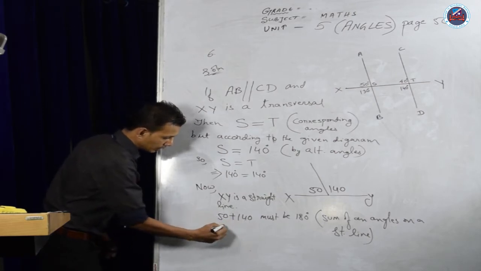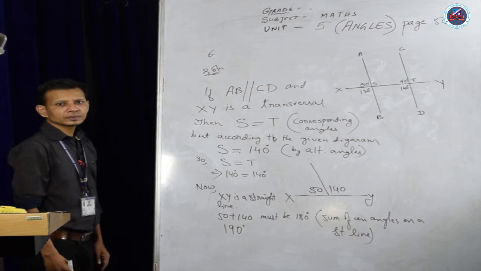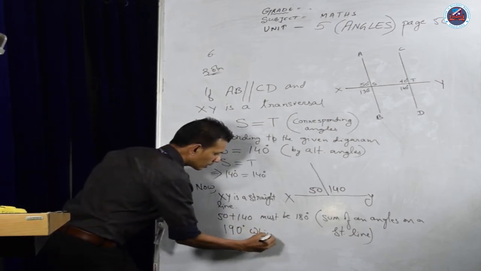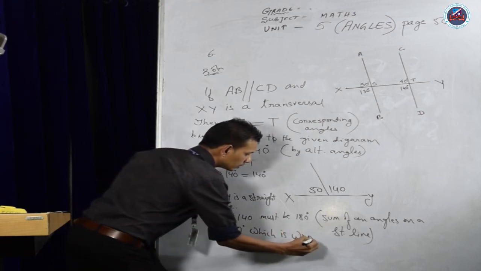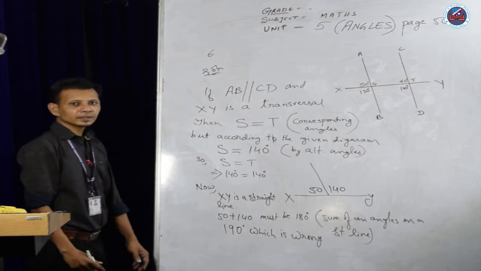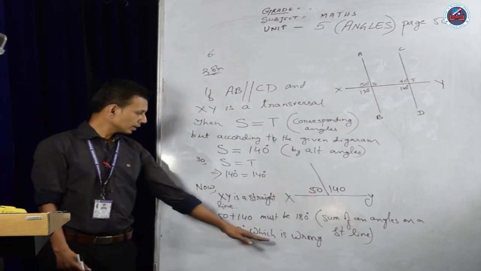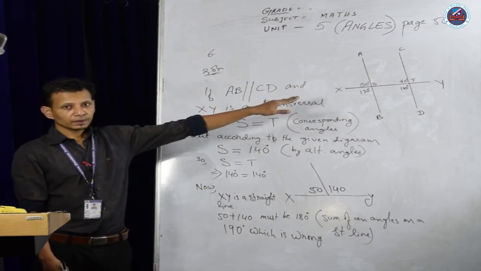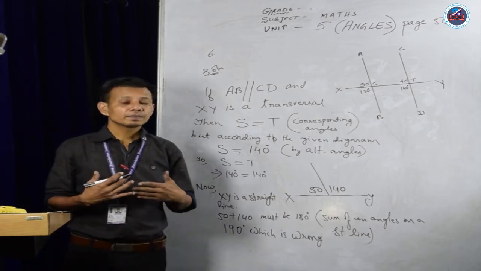50 plus 140 is 190 degrees, which is wrong. You got it? It's a straight line, but you are not getting 180 degrees. That means it is wrong. So you have proof it is wrong. So how can AB and CD be parallel lines?